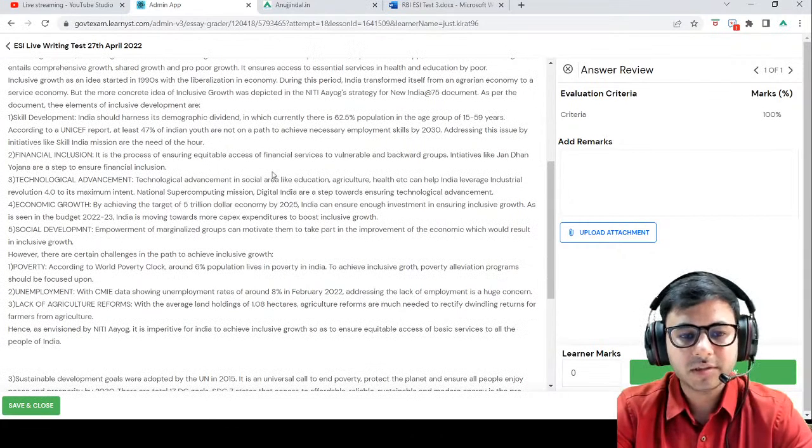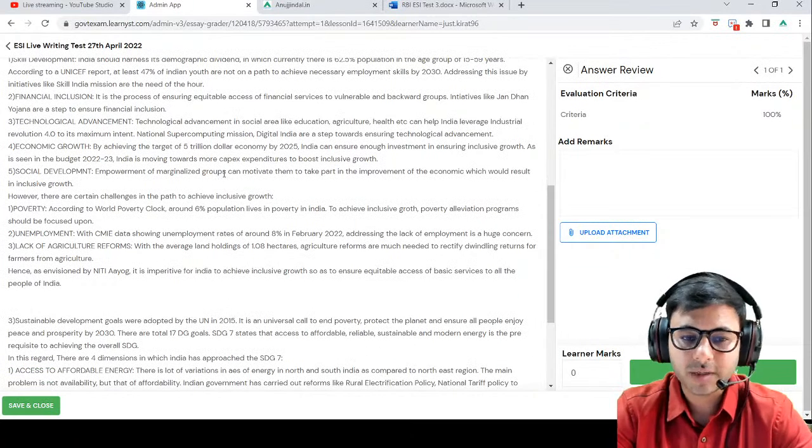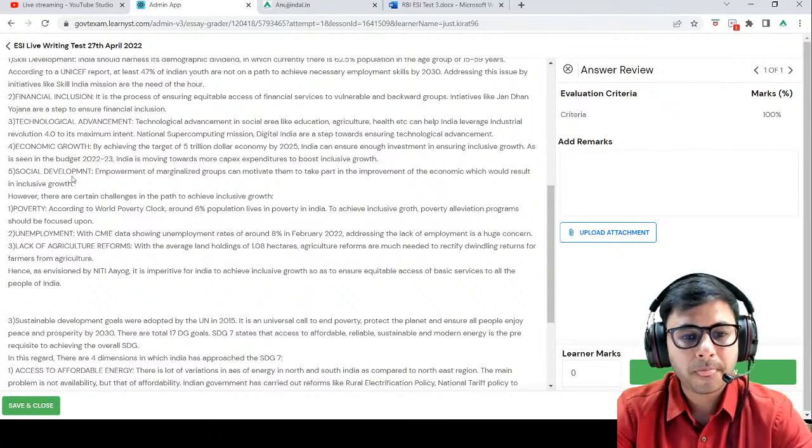Technological advancement in social areas like education, agriculture, health can help India leverage Industrial Revolution 4.0 to its maximum intent. National Supercomputing Mission, Digital India are a step towards ensuring technological advancement. Economic growth, 5 trillion economy by 2025. India is moving towards more capex expenditure to boost inclusive growth.